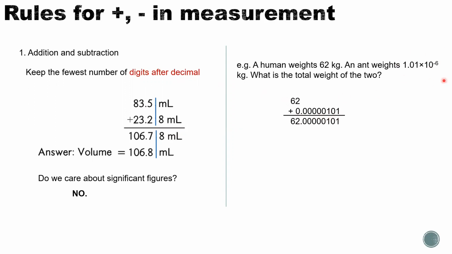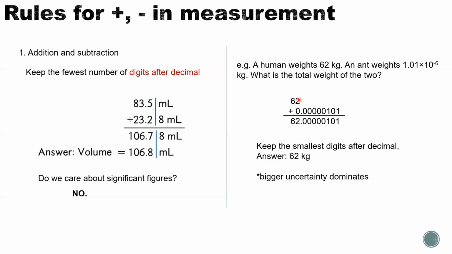We write the decimal format of the scientific notation. Add them up, it's 62.000000101. Because we need to keep the fewest number of digits after the decimal, we round the final answer off to 62.